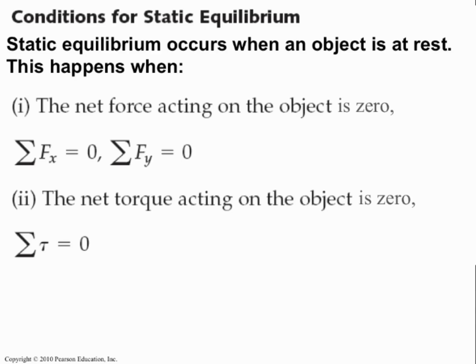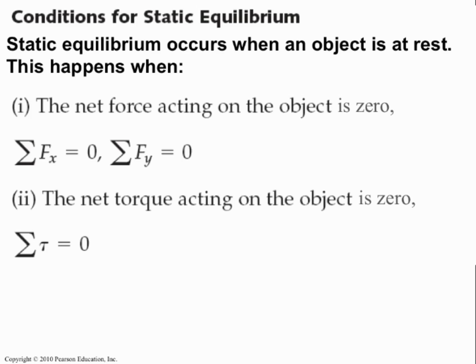So the conditions for static equilibrium. This happens when, one, the net force acting on the object is zero, that is, the net horizontal force is zero and the net vertical force is zero, and two, the net torque acting on the object is zero, that is, the net tau, or the summation of all the different torques, equals zero.